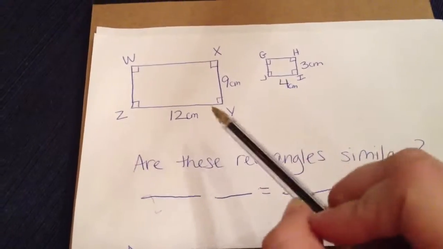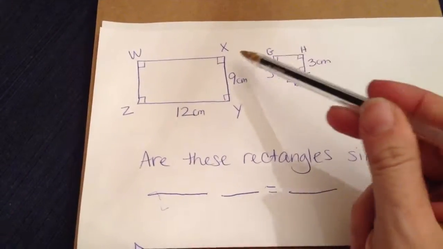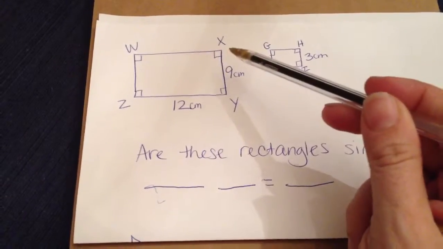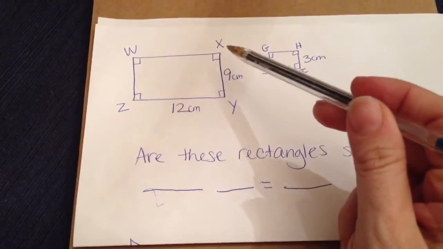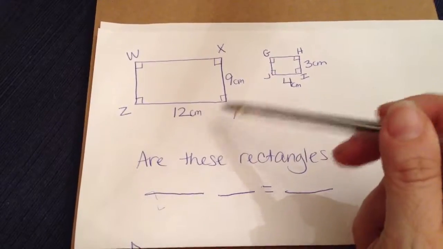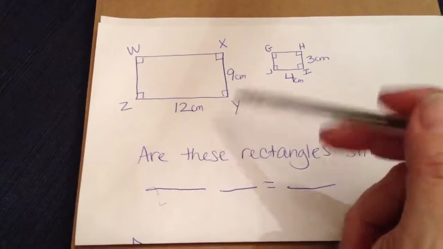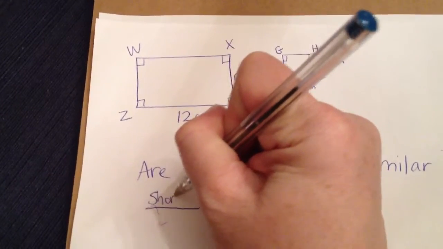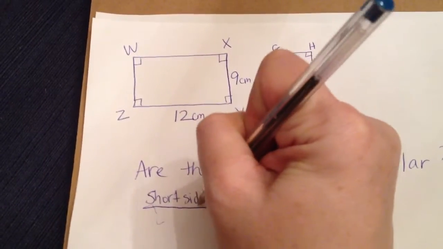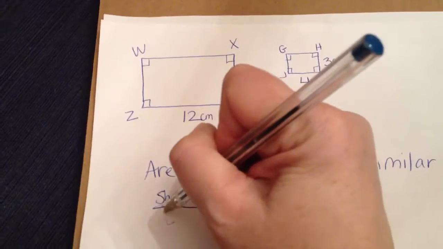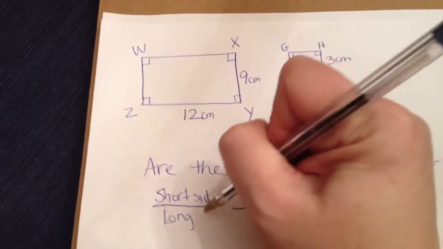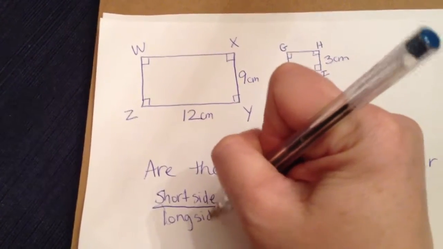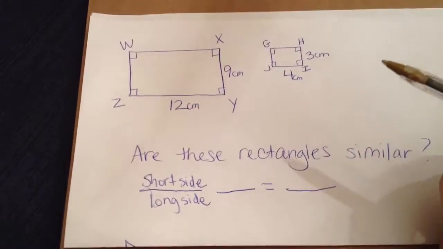It doesn't really matter which order, you're just going to decide what order. If we want to do width over length or short side over long side, whatever it's going to take for you to remember, I'm going to write short side over long side. And that will help you remember. You don't have to worry about which is the length and which is the width.